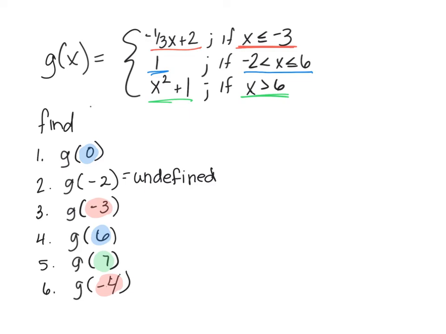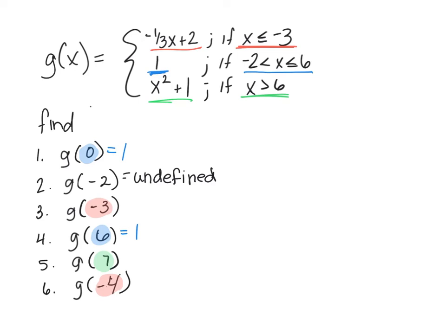Okay, so the blue equation is 1. So g of 0 equals 1, and g of 6 equals 1. There's no variable to plug it into. It's a constant. So every time I plug in something between negative 2 and 6, I get 1 for my range, or y value.